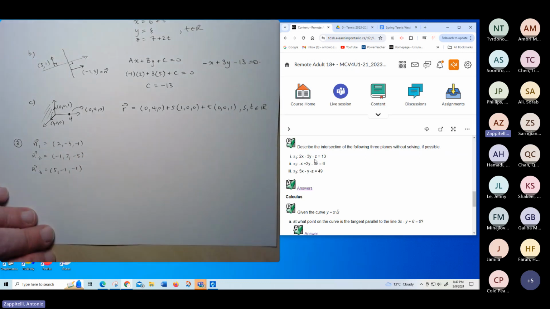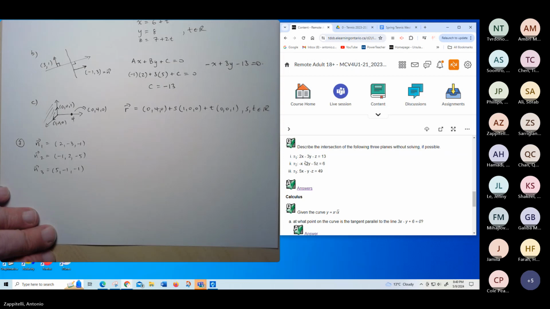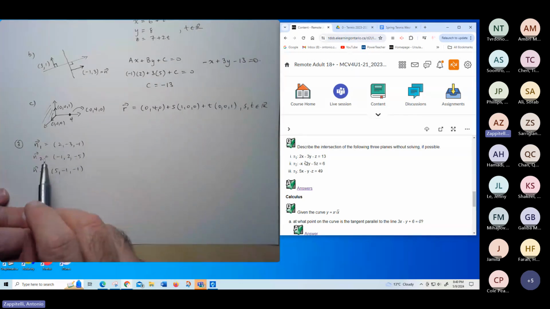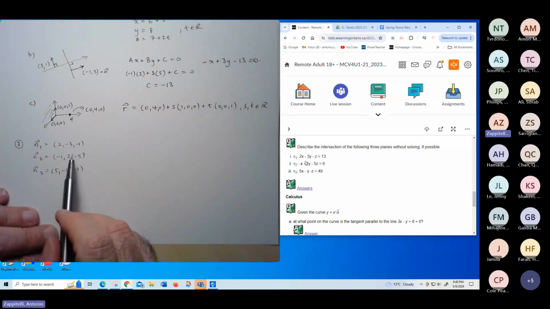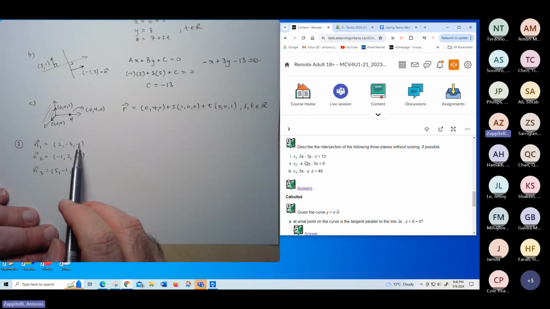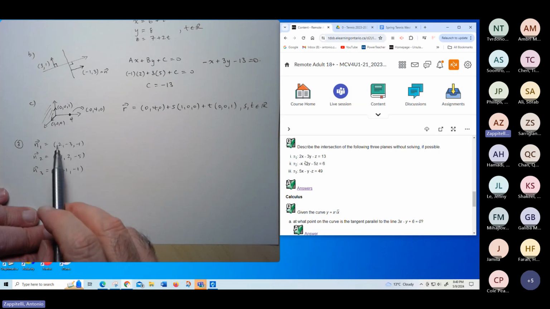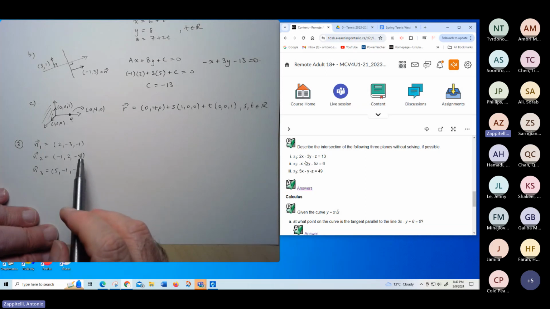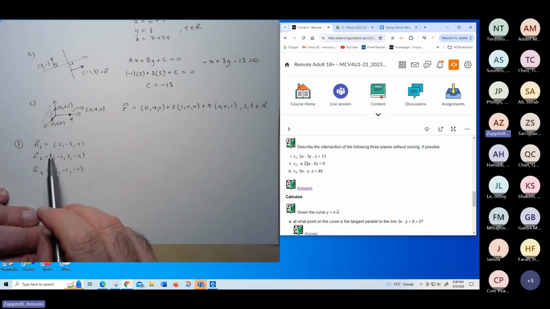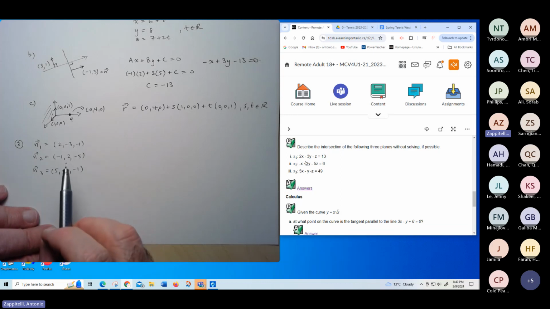Okay, so when you look at these, none of them seem to be parallel. Because here, I would have to multiply this by 5 to go from -1 to 5. Clearly, the others don't work. Here, I'd have to divide that by -1/2. Clearly, the others don't work. So if you look at them, none of them are parallel.